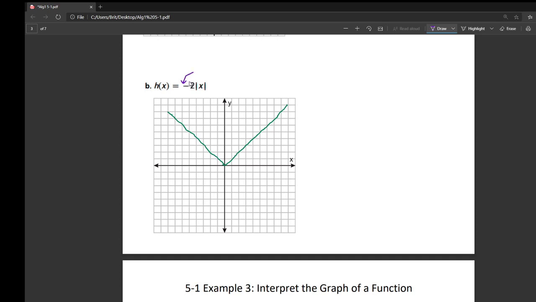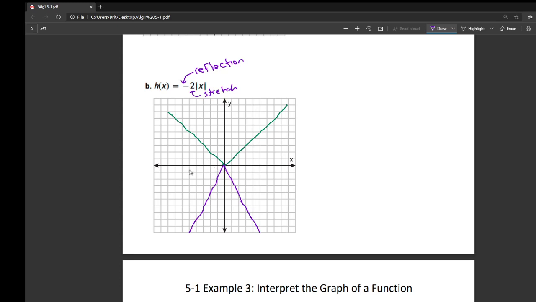Alright, the negative is a reflection, and the 2 is a stretch. So not only are we flipping this upside down, but then we're stretching it out. So if you notice, our graph is skinnier and upside down.